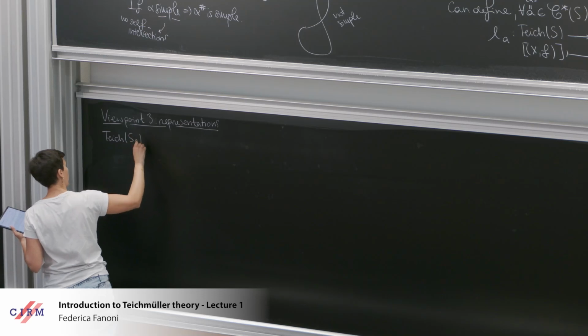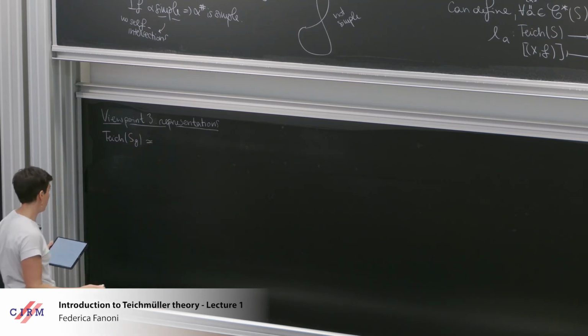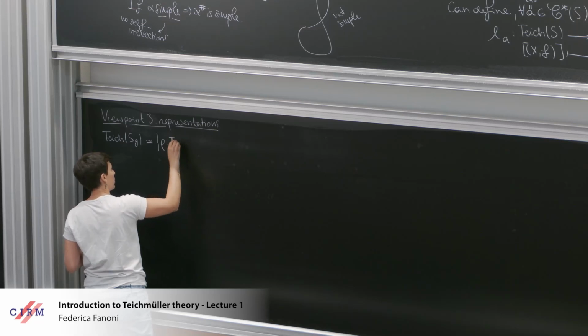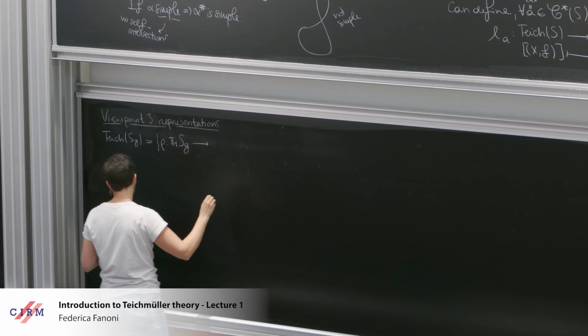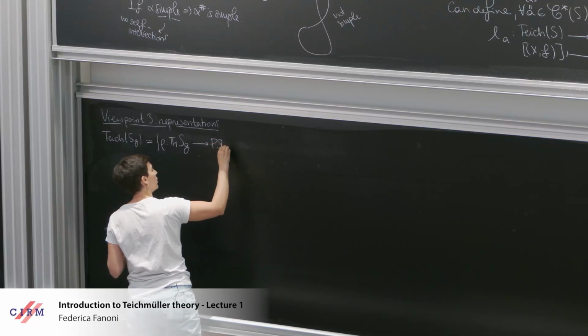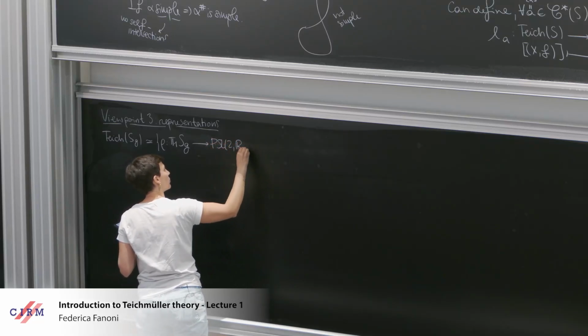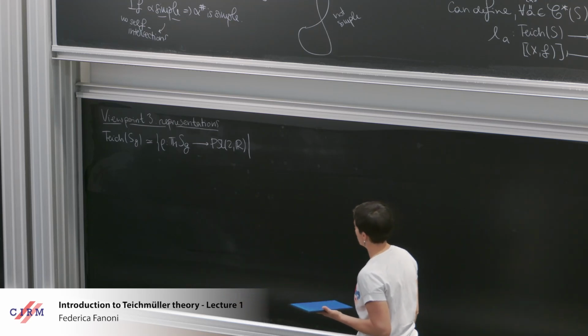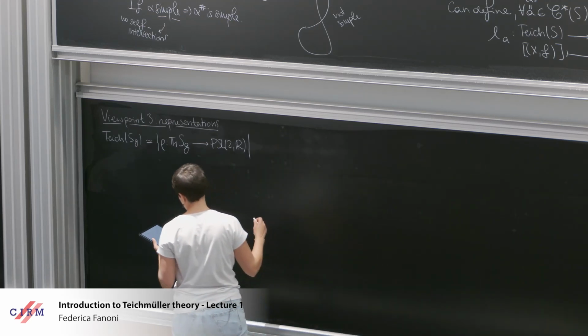Teichmüller space can be identified with the space of representations, so homomorphisms, from the fundamental group of your surface into PSL2R. And I just want good representations. I want them to be discrete and faithful.